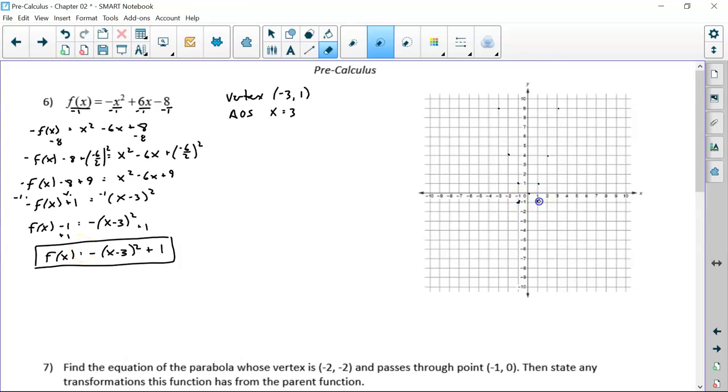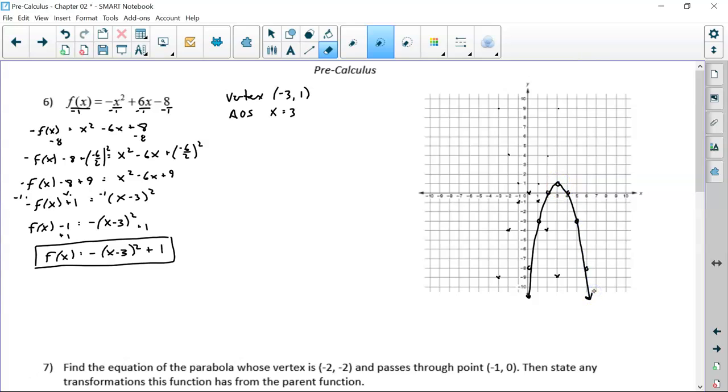So now we're down here by multiplying all of those y's by -1. And now we're going to shift to the right 3 and up 1. And here is our graph.